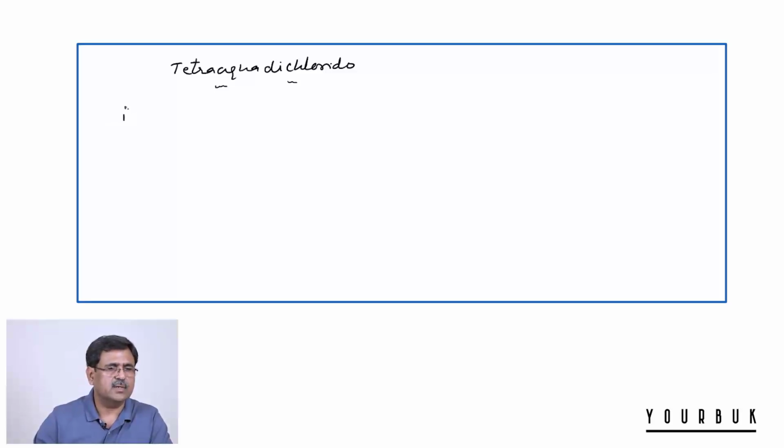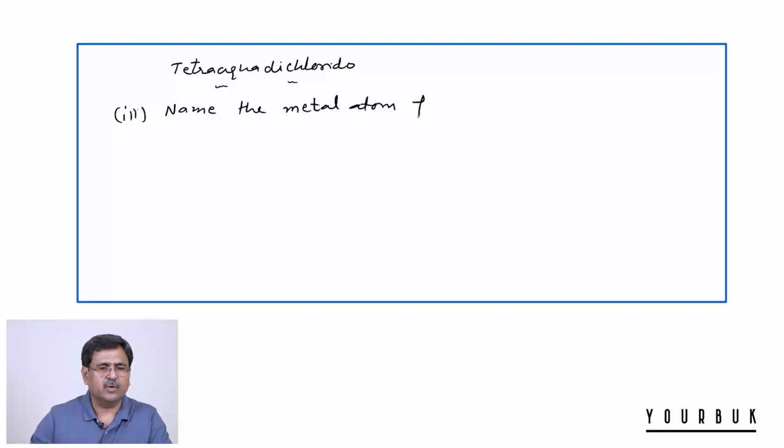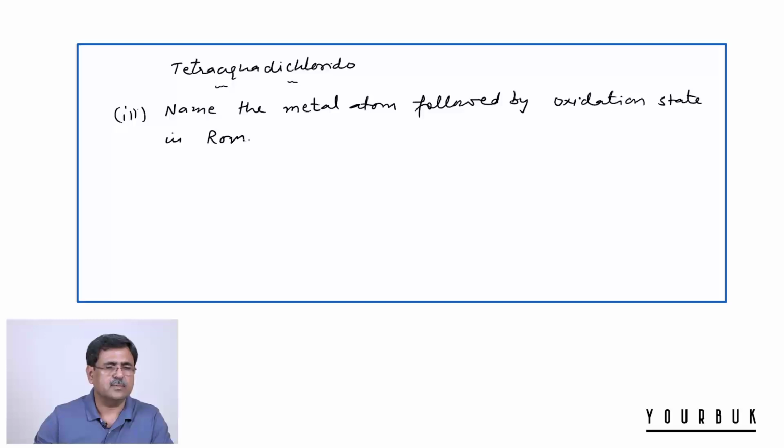Then the rule number 3 is name the metal atom. Name the metal atom followed by its oxidation state in Roman numerals.